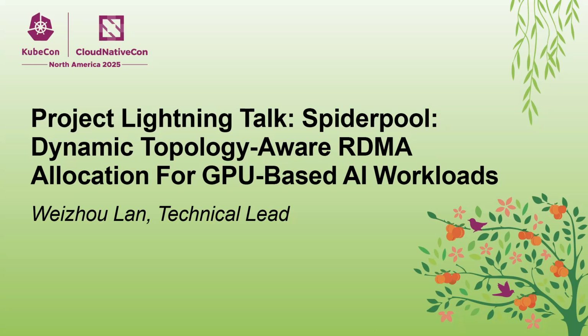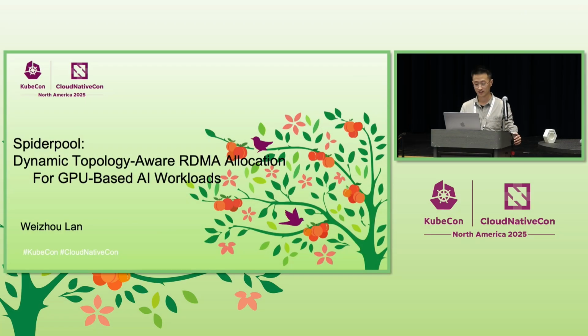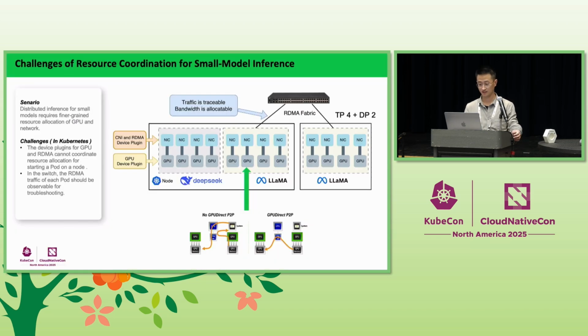Today, I will be talking about Spiderpool dynamic topology-aware RDMA allocation for GPU-based AI workloads. In a multi-tenant inference cluster, we need to use every bit of GPU resource efficiently.